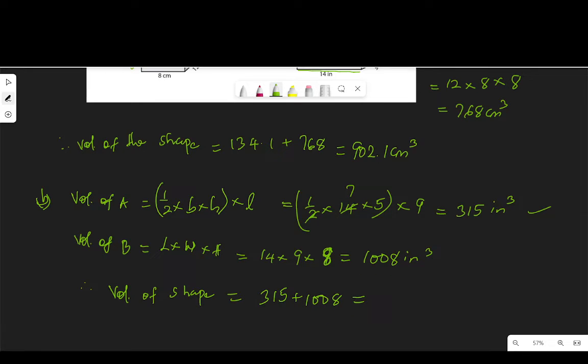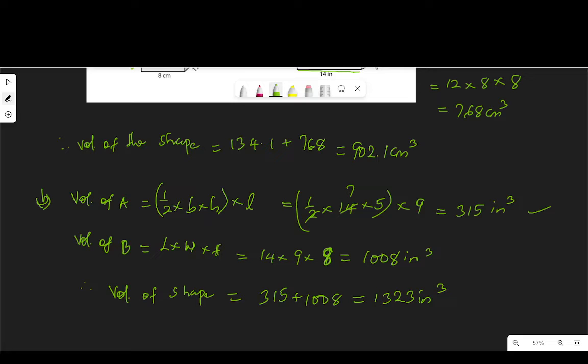Add up the two numbers, we have 1323 inches cube as the volume of this prism.